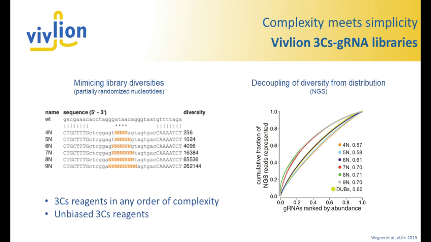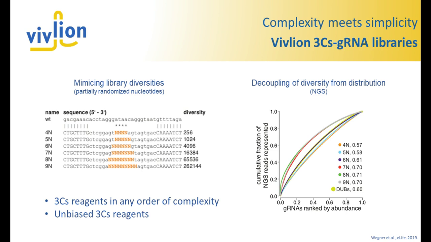But the most important conclusion for us here is that the technology uncouples sequence diversity from sequence distribution, which is different from conventional cloning, where the more reagents you would like to clone simultaneously, the worse the quality of your final product is. With this technology, this is not the case. It doesn't matter if you have a single sequence that you would like to integrate or 100,000 sequences, the quality of this reagent will be the same.